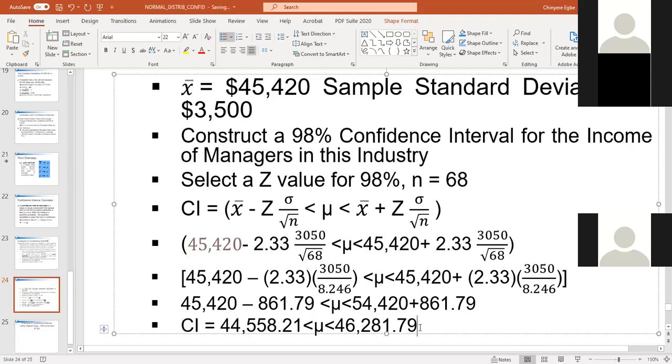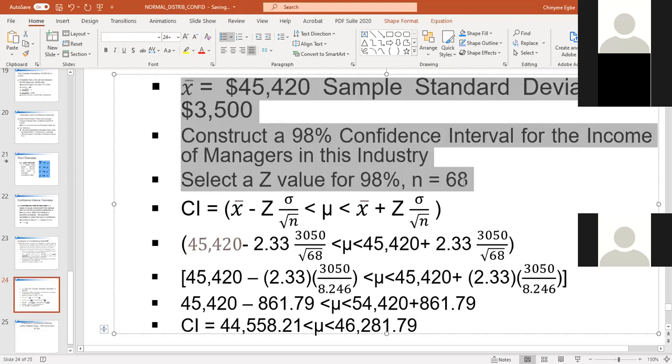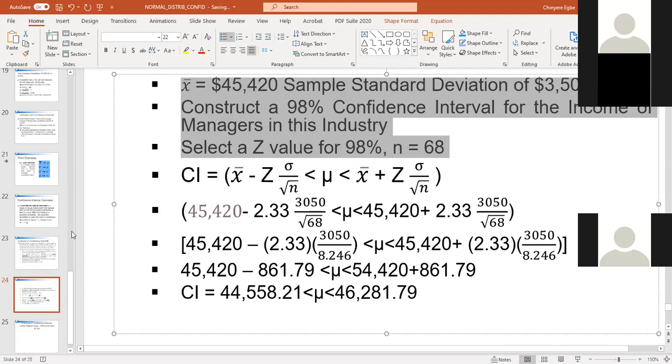Okay. So what we have done here is called a confidence interval estimate. We do not know the true average income of managers, but we can say with 98% confidence that it falls between 44,558 and 46,281. That's what we are saying.